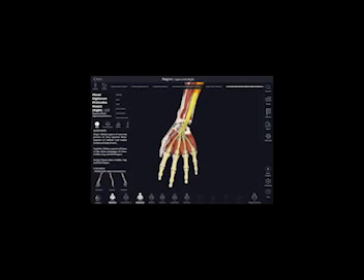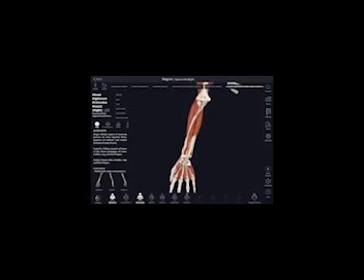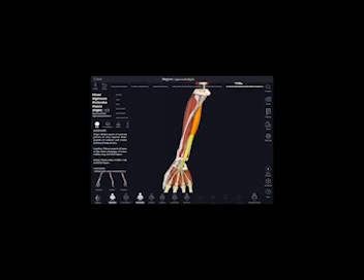This muscle allows us to bend our finger at the very tip, at the DIP joint. And of course, it also flexes the PIP joint and the metacarpophalangeal joint as well.